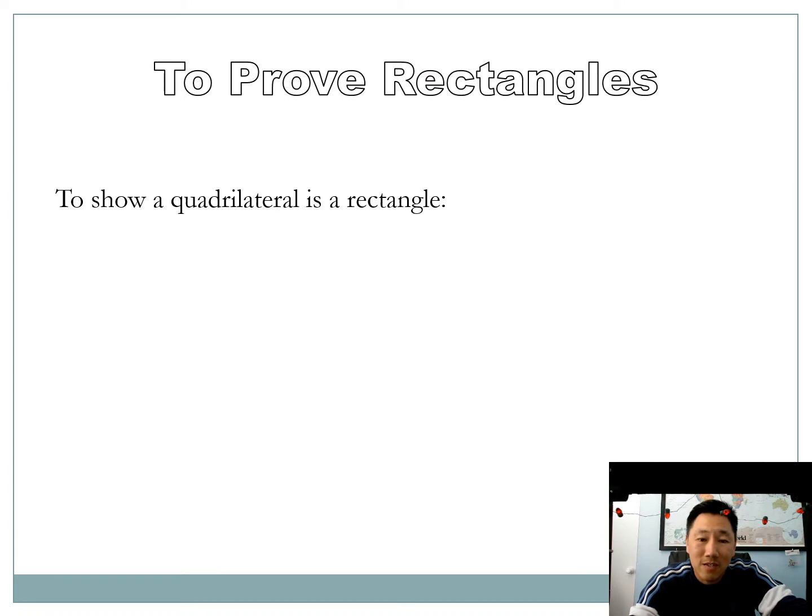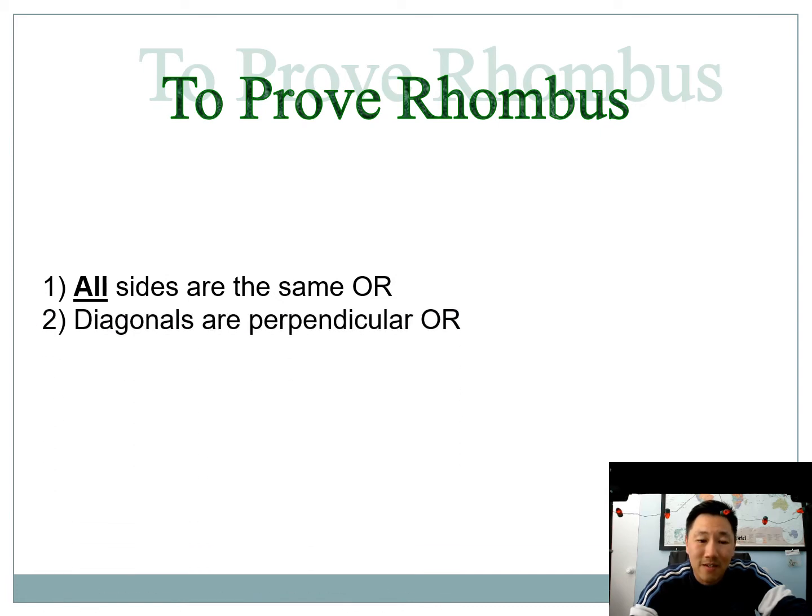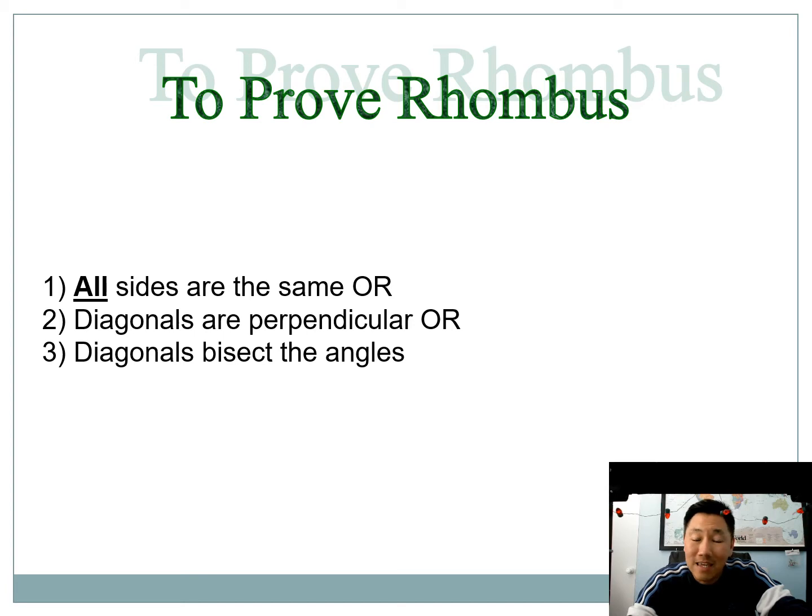To show something is a rectangle, you have to show that the diagonals are equal or all of the angles are 90 degrees. To show something is a rhombus, you have to show that all the sides are the same, or the diagonals are perpendicular, or the diagonals bisect the angles, so the angles on each corner are cut in half.